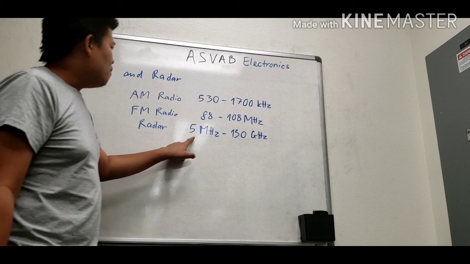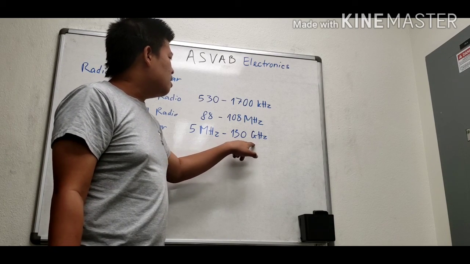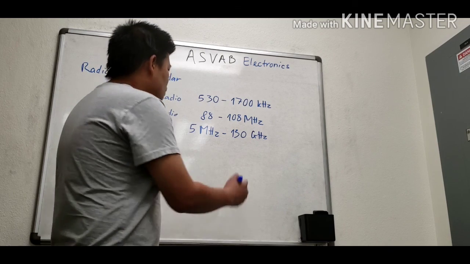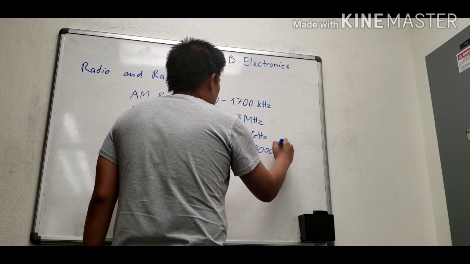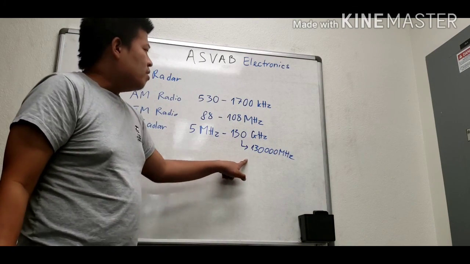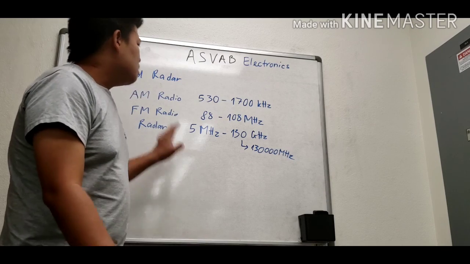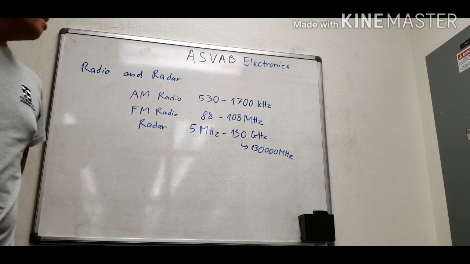Radar we have 5 megahertz to 130 gigahertz. Sometimes on the test they write 130,000 megahertz. So that's the frequency we need to remember because that's on the test.